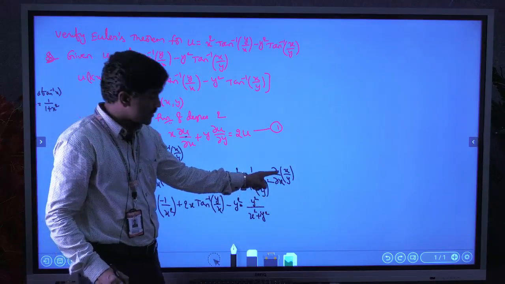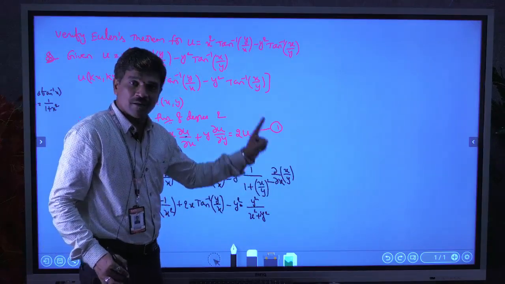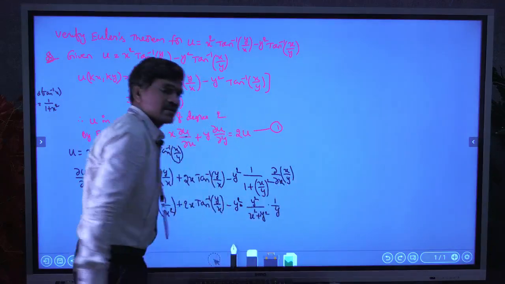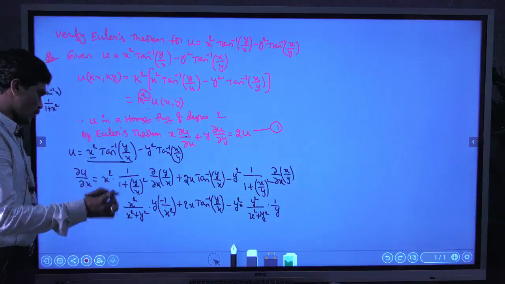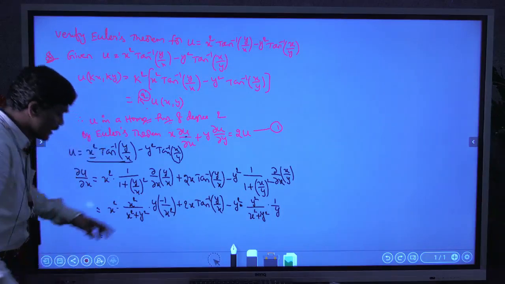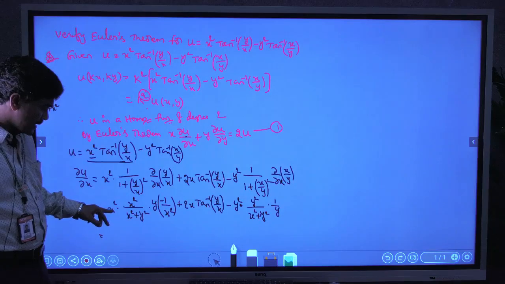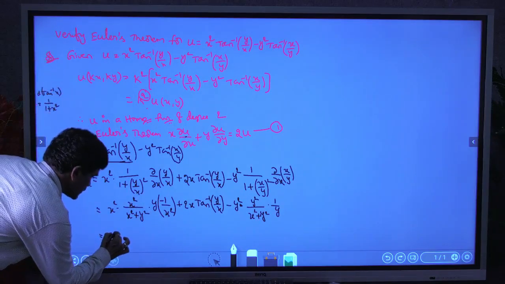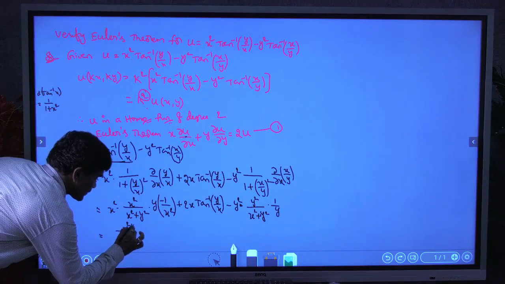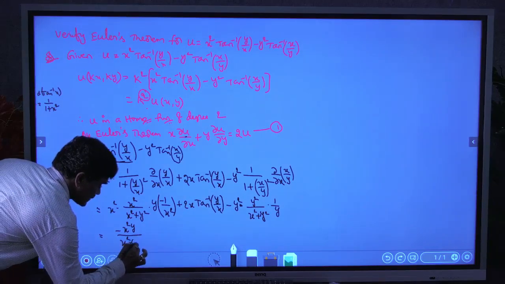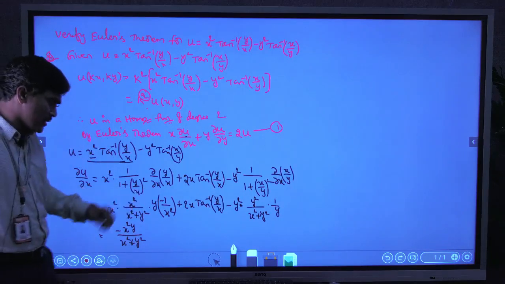Here 1 by y is the constant and the derivative of x is 1. Now x square cancels, so finally we get x square into minus y, that is minus x square y by x square plus y square for this function.